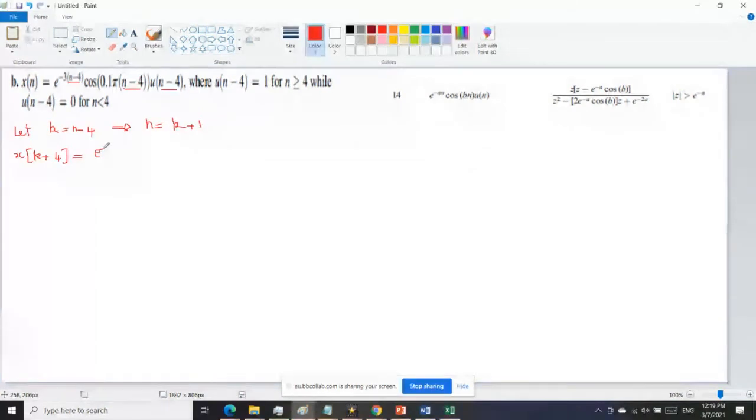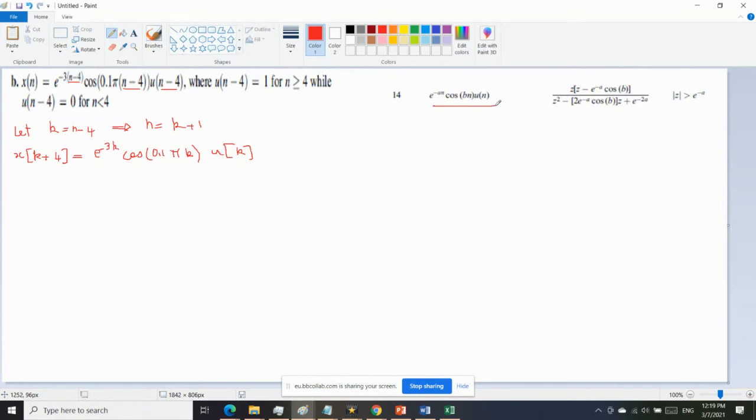So we get e to the power of minus 3k cosine 0.1 pi k. Okay, so now it looks exactly like this.